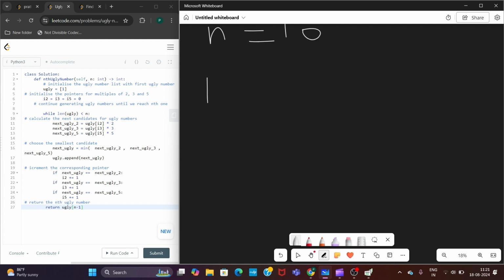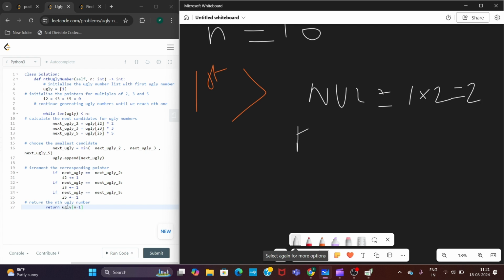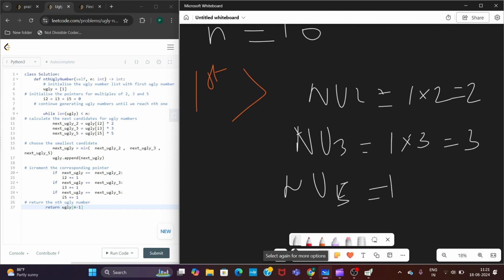For the first iteration, my next ugly 2 is ugly of I2 multiply 2, which means 1 multiply 2, which is 2. Similarly my next ugly of 3 will be 1 into 3 which is 3. Similarly my next ugly of 5 will be 1 multiply 5 which is 5.